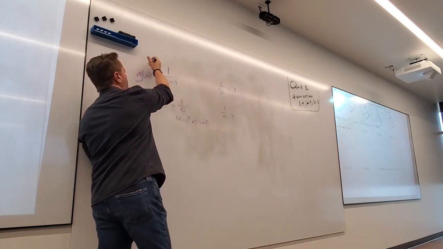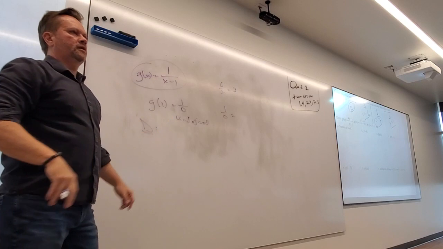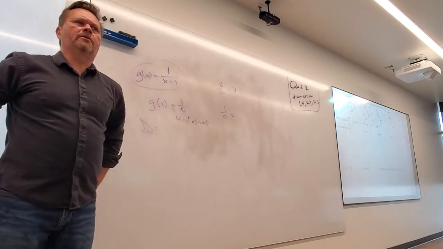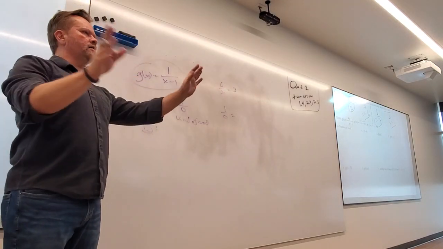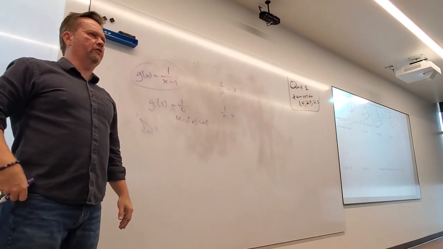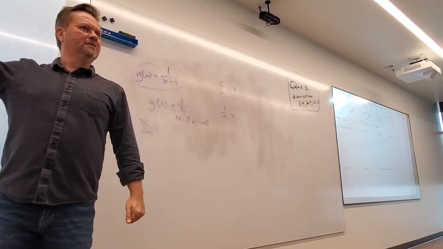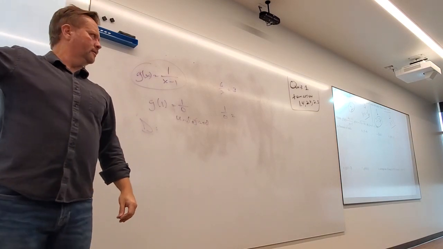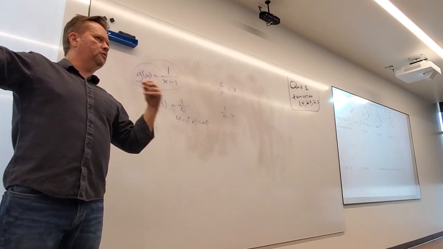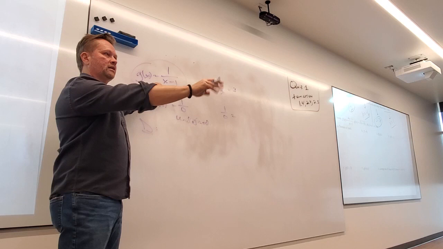So what would the domain of this be? Is there any other number that gives me a problem? For every other number, don't I just get a regular old fraction out? 1 is the only one that freaks me out. So what's the domain? What's the lowest thing I could put in for x? The lowest number that I can put in. Could I put -7? That would be -1/8, correct? That's perfect.